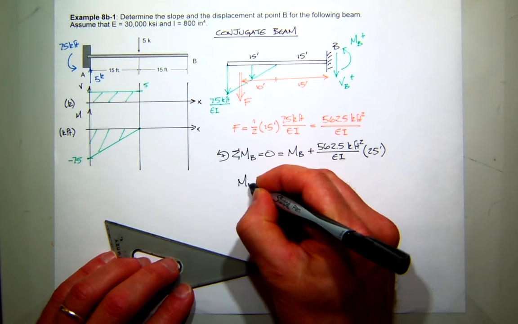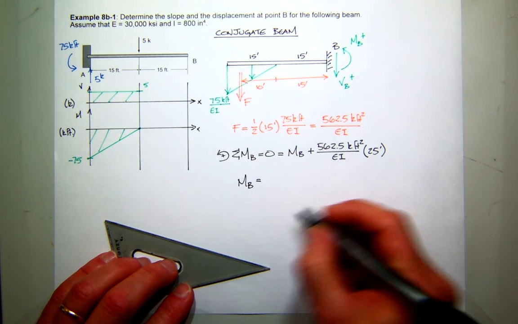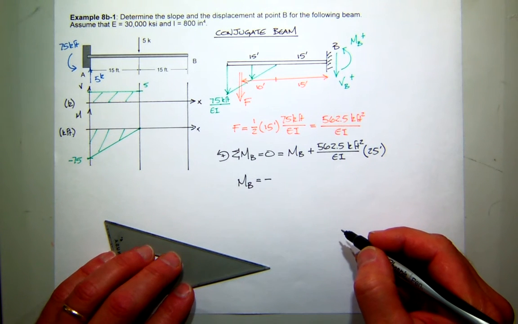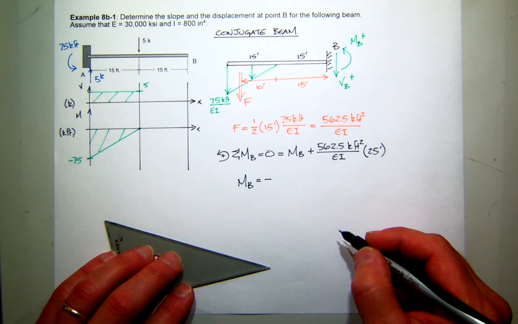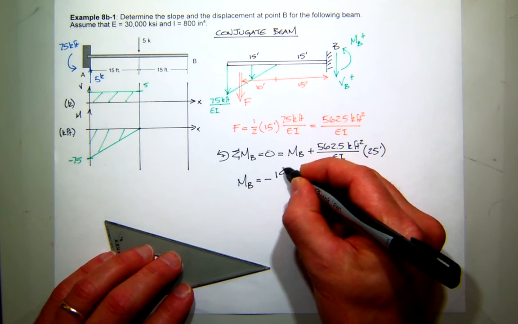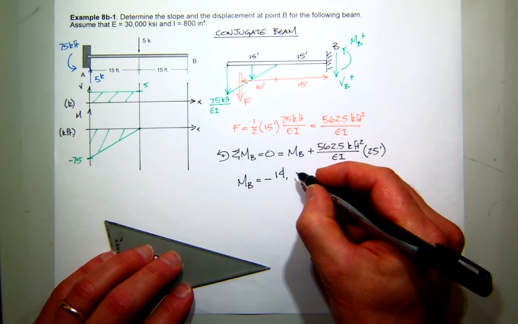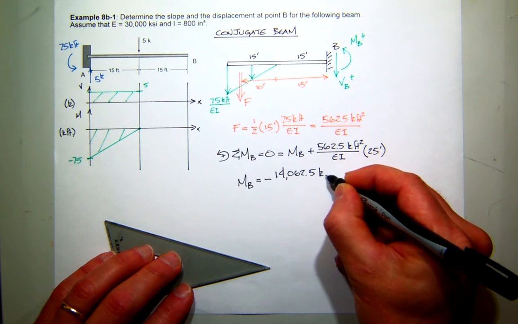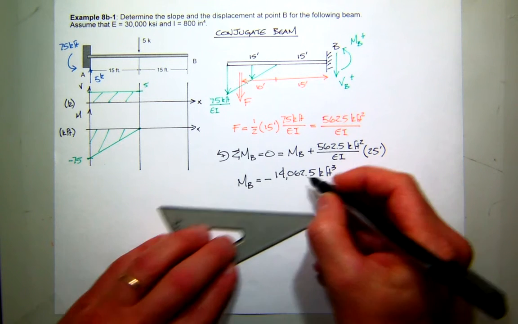So my moment at B is just going to be the negative of that. What's that equal to? 14,062.5 over EI. And that's going to be kip feet cubed.